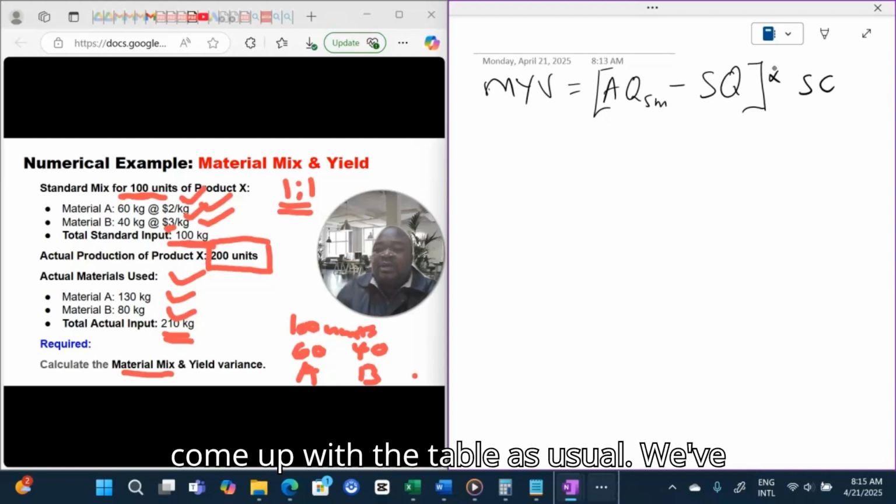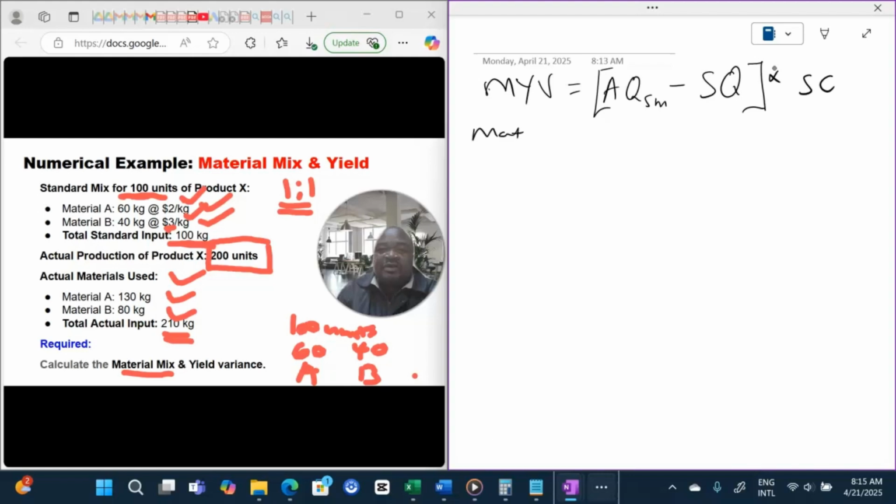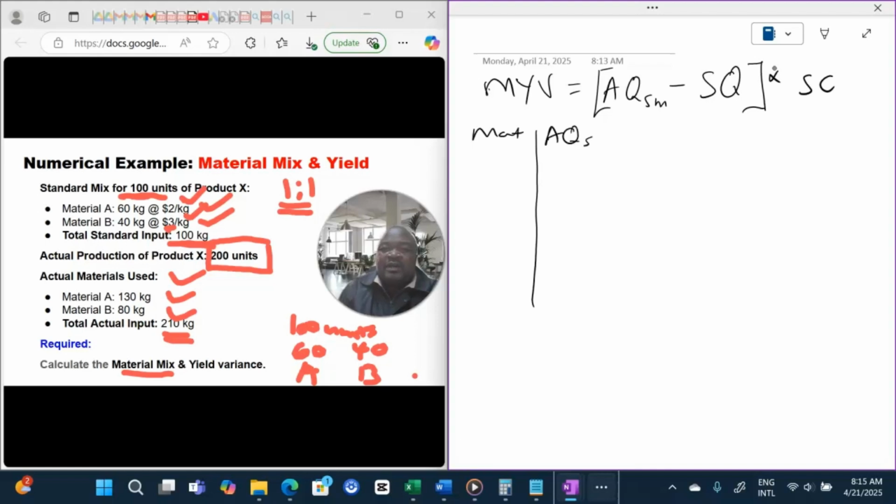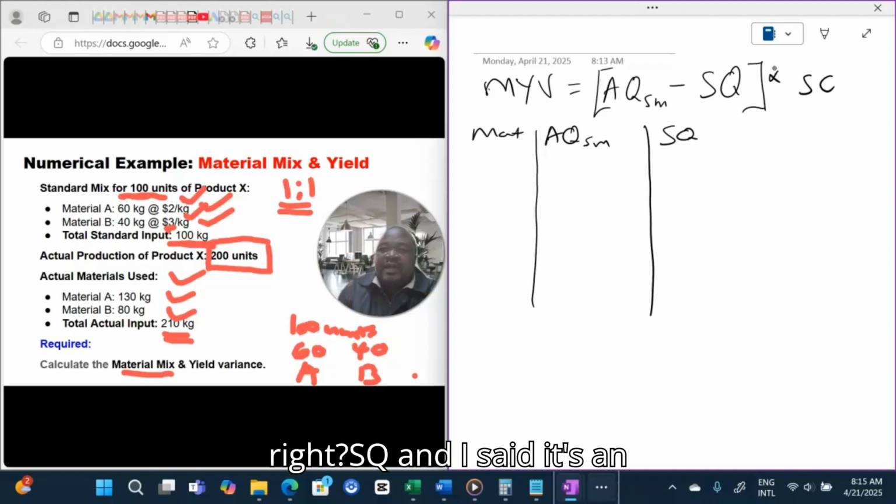Now we come up with the table as usual. We've got materials. Okay, materials. We've got AQSM. We've got SQ. All right, SQ. And I said it's an SM again.